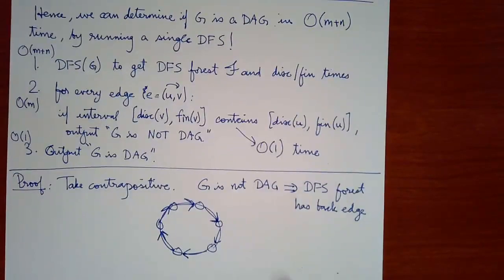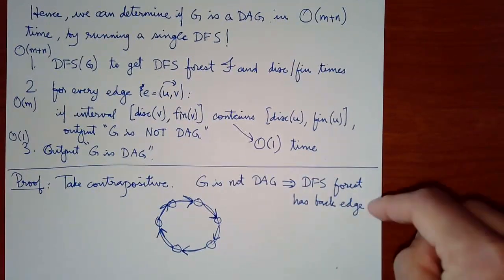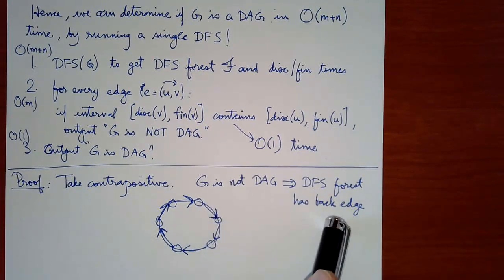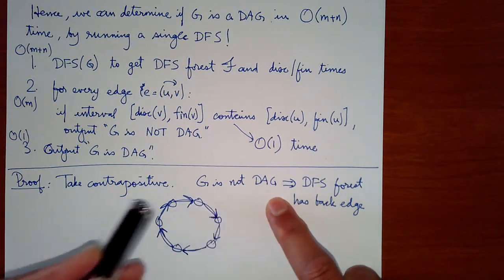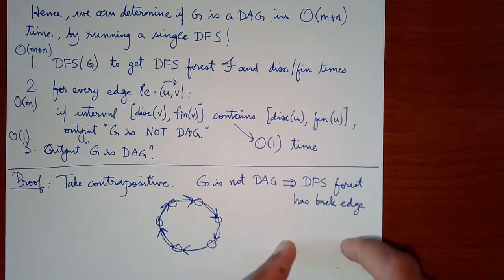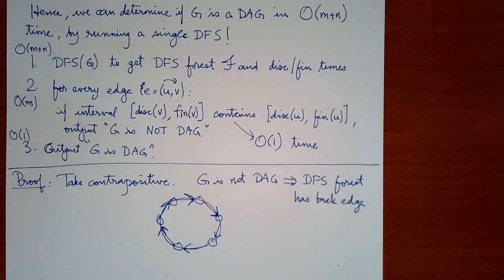So let me take the statement, G is not a DAG implies the DFS forest has a back edge. To prove this statement, I'm going to take a cycle because I know G is not a DAG. And if I can argue that one of the edges of the cycle is a back edge, that completes my proof. And if I can prove the contrapositive, then of course I'm proving the main statement. Is that clear?